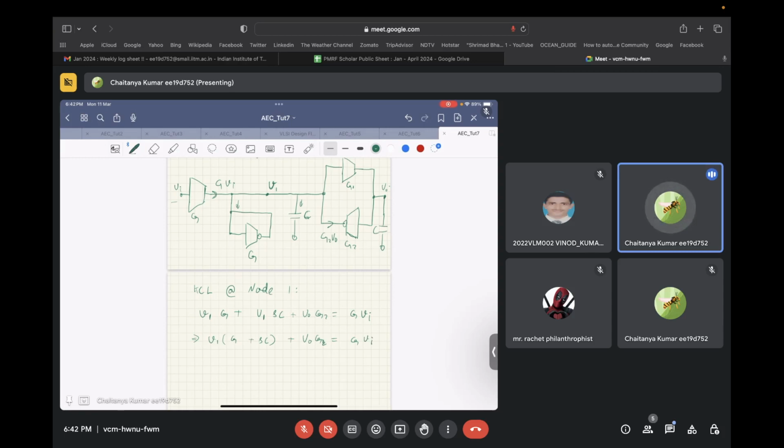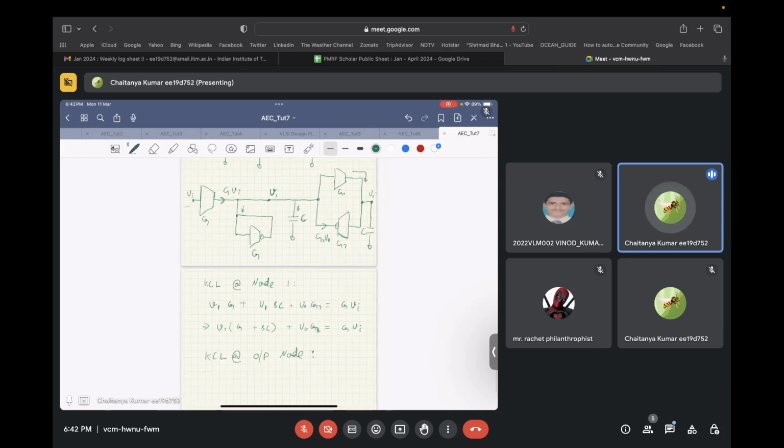Now we will apply KCL at the output node. So this is the current that is flowing into this node. What will be the value of this current? We assumed the voltage at this node to be V1.